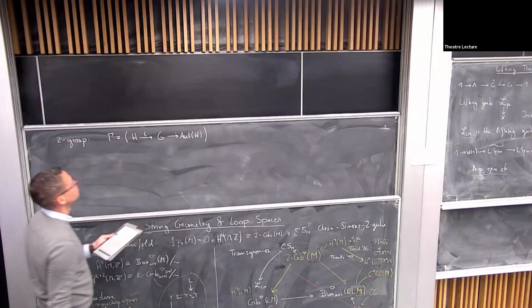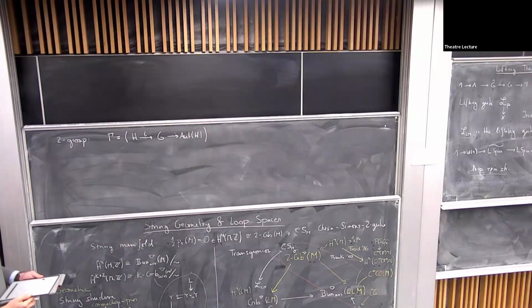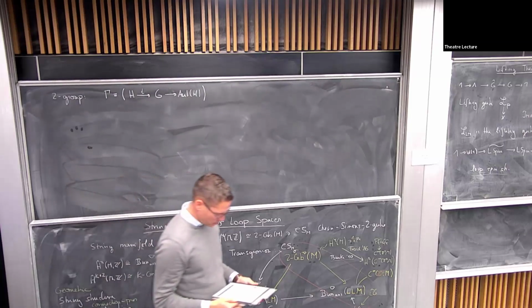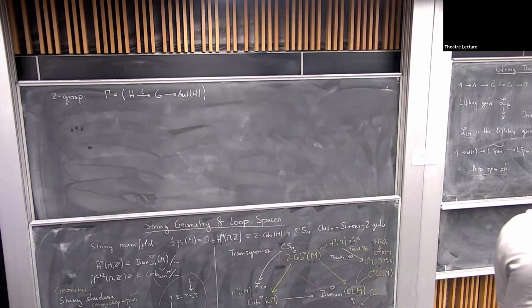The structure of the crossed module can be summarized in that way, and then there are some conditions on how that action is compatible with t.